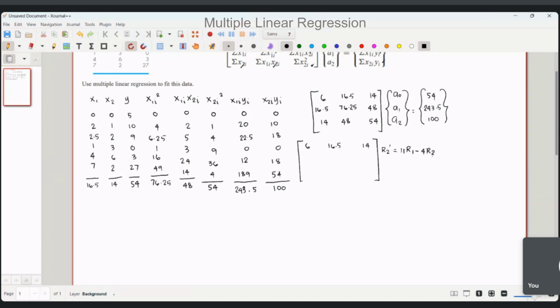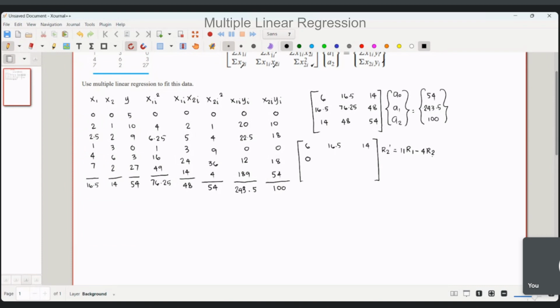That's 66 times 0. And 11 R1 minus 4 R2. We have next 16.5 and 76.25.